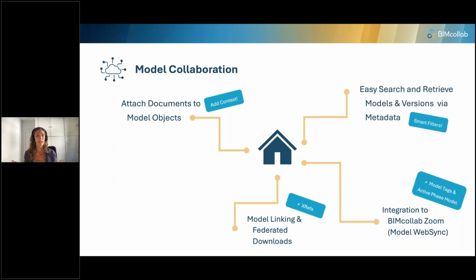And fourthly, the BIMcollab documents are based on metadata, which is a way that the documents or the models can be found. So now you can work with shared smart filters within your team, so you can quickly access what you are looking for, quickly access the models and download them the way that you need to.